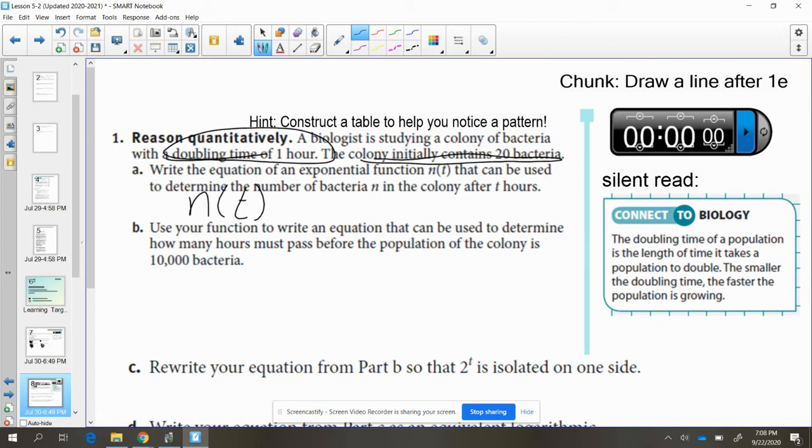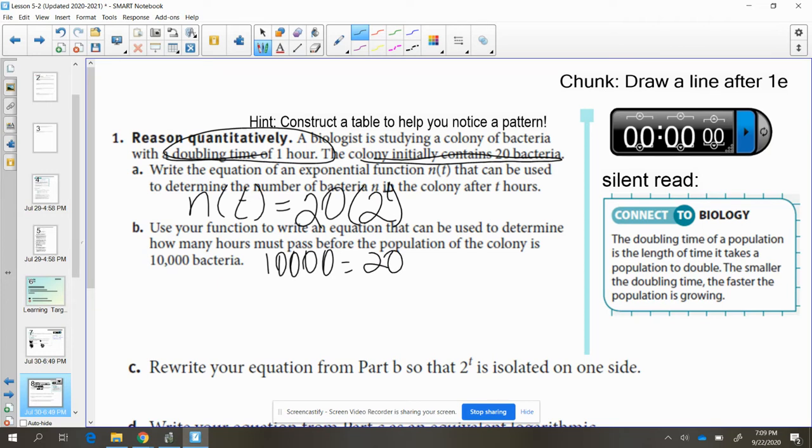So if we're starting with an initial population of 20, and think back to our geometric sequences, our common ratio here is 2 then, if we're talking about doubling time, to the t hour, right, for our time here. So we can use this function now to talk about when is this going to equal 10,000.